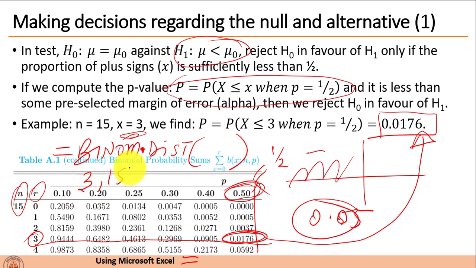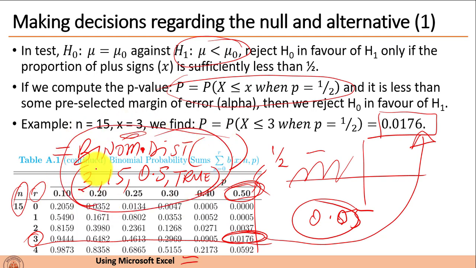You write 15, the number of observations, comma. Then you write the probability, 0.5. Then comma, TRUE, because we want the cumulative, not just the probability at one point. We want the cumulative probability from 0 up to 3. So this is how you can get the same reading, 0.0176, from Excel without the table.